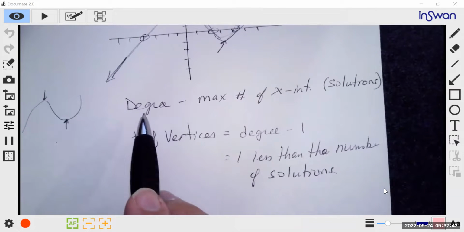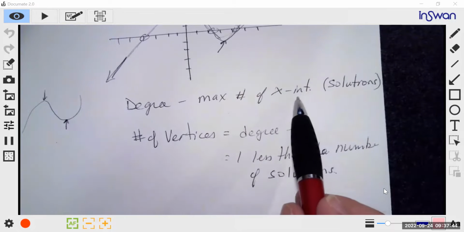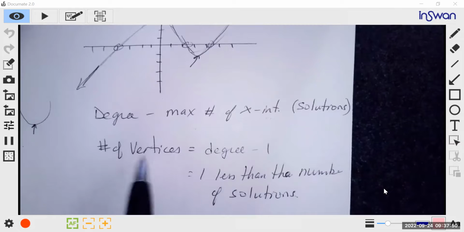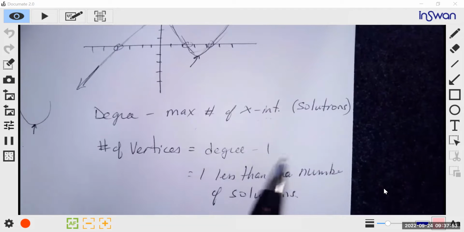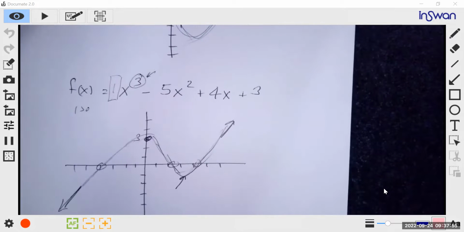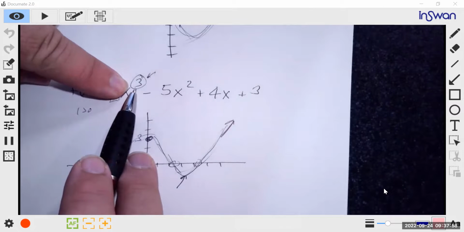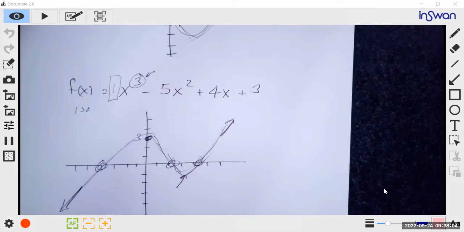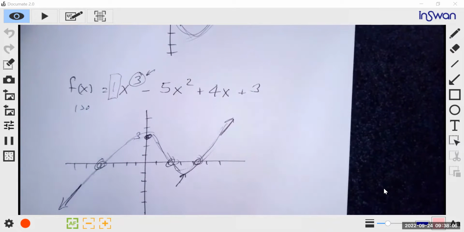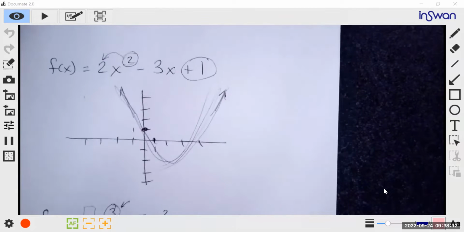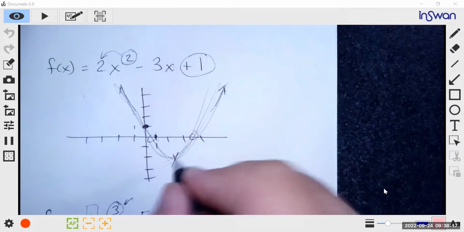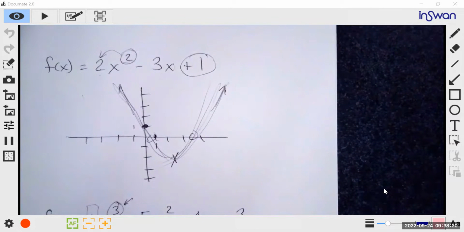So again, the degree is the exponent. It tells us the maximum number of x-intercepts, which are also called solutions. And the number of vertices is 1 less than the degree. That's exactly what we have here. Since the second equation was a cubic function, we have 3 solutions. If we have 3 solutions, then we have 2 vertices. Likewise in the first one, the degree is 2, so we'll have 2 solutions and only 1 vertex. 2 minus 1.